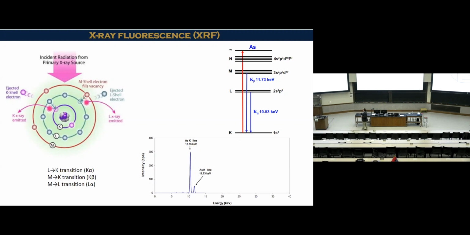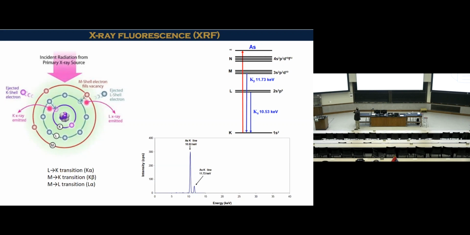Then inside the atoms we create specific electronic transitions from upper shells to lower ones. And during those electronic transitions, the atom emits secondary X-rays. You could see here a diagram which shows the ionization of an arsenic atom.